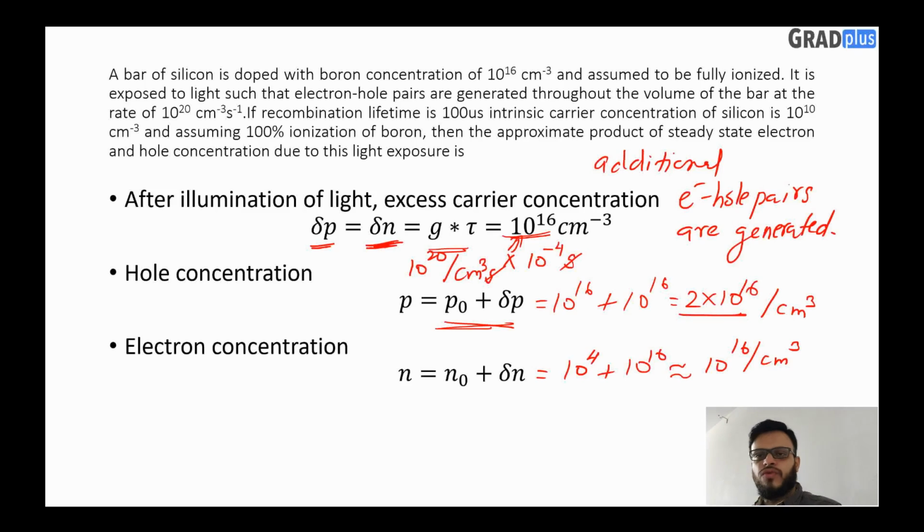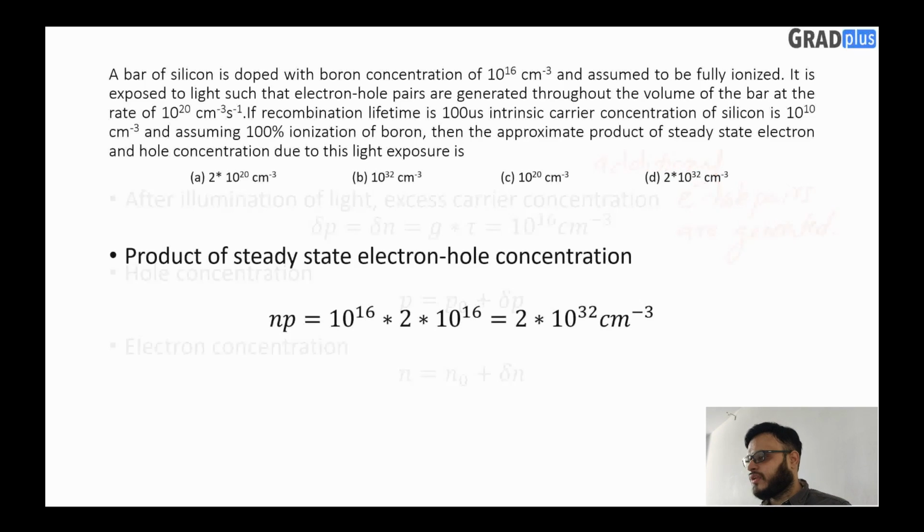Now what we have to find is not these values. We have to find the product of hole and electron concentration at steady state. So this is the final formula: that product will be n into p. The value of n is 10 power 16, as we have seen on the last slide. The value of p is 2 into 10 power 16, as we deduced from the last slide.